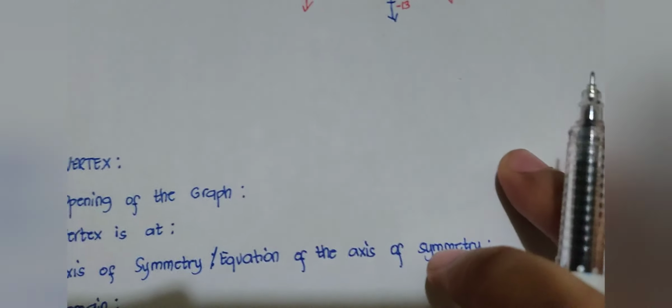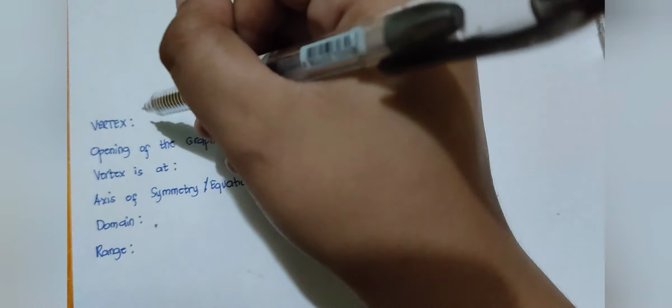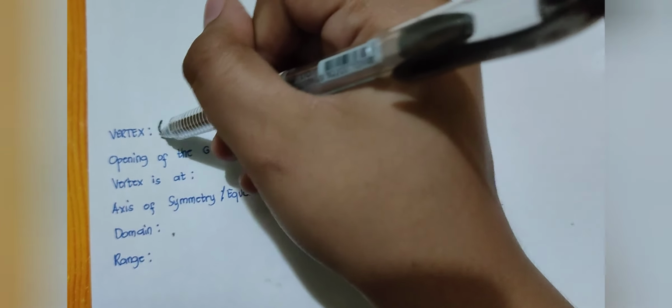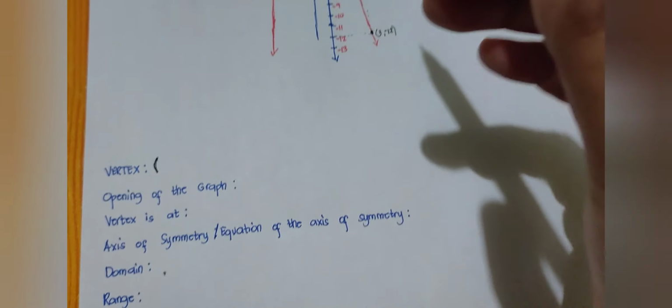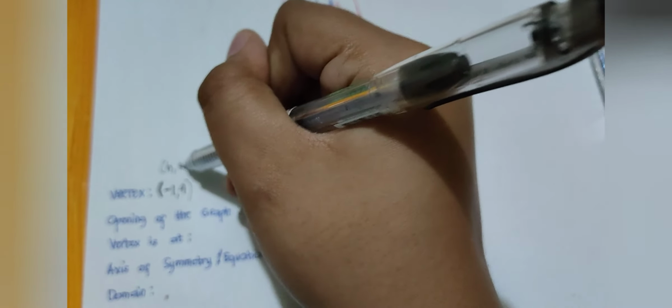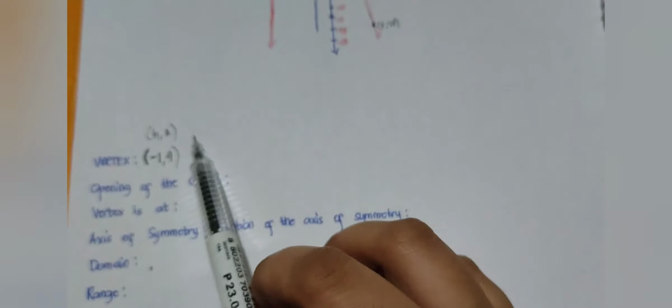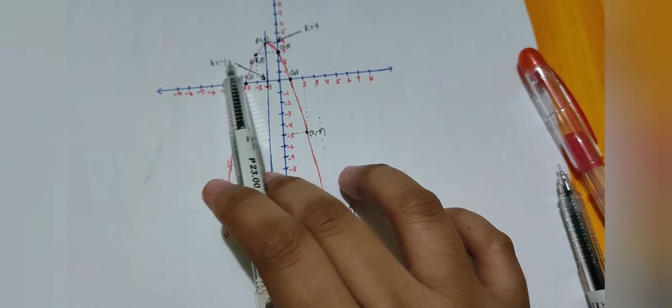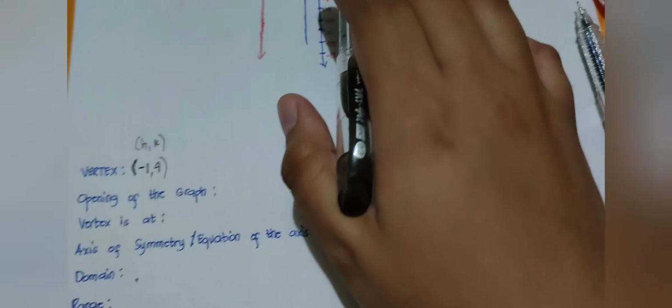Therefore, our vertex is, ang una nyong ilalagay, ha, yung unang number na ilalagay nyo is ang h. So, negative 1. The next is ang k, is positive 4. Diba yung vertex is h at saka yung k. So, our h negative 1 dito. Then, our k is positive 4. Yan. So, negative 1 and positive 4.